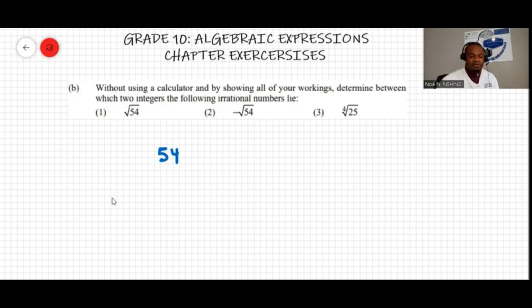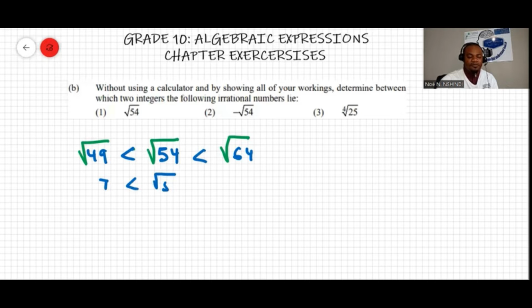So the square numbers must be 49 on the left and 64 on the right, such that if I square root all of them, the symbol is lesser than, and lesser than. This will be 7 lesser than square root of 54 lesser than square root of 64, which is 8. So the square root of 54 is in between 7 and 8.